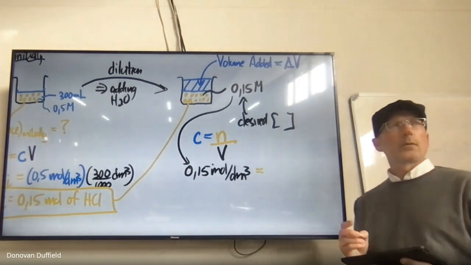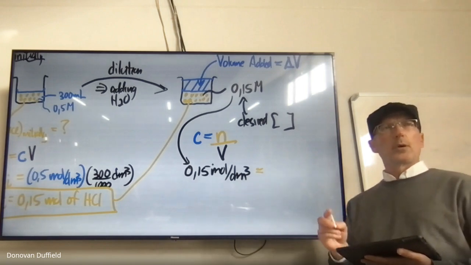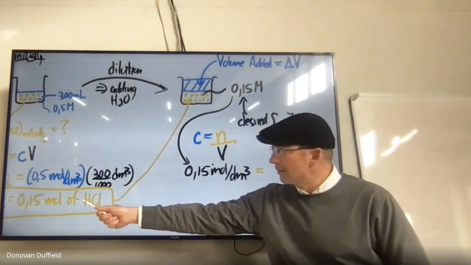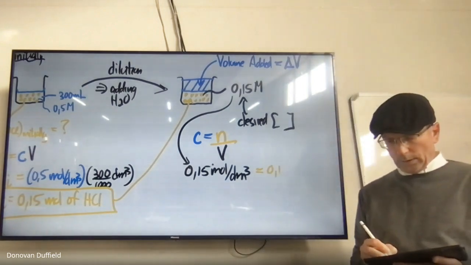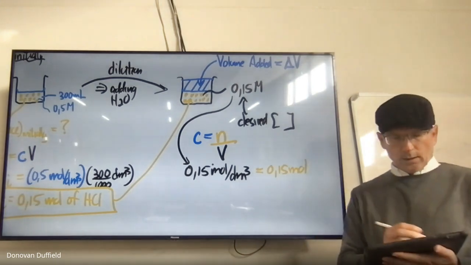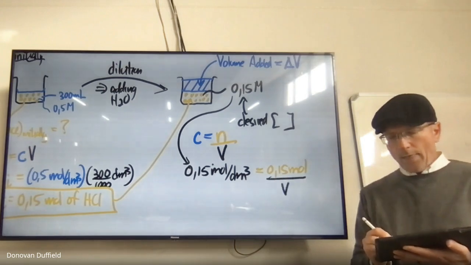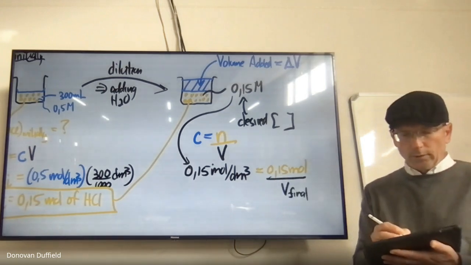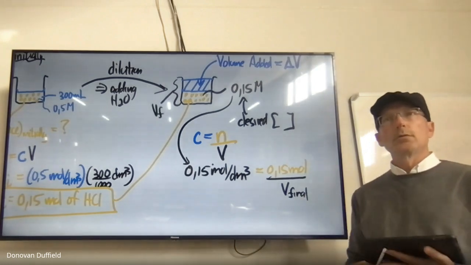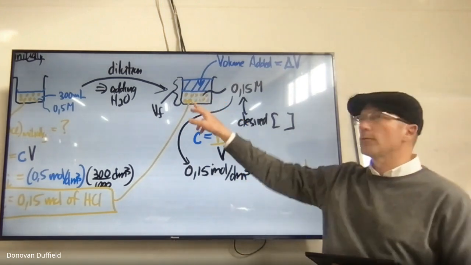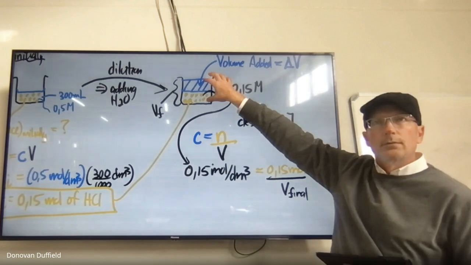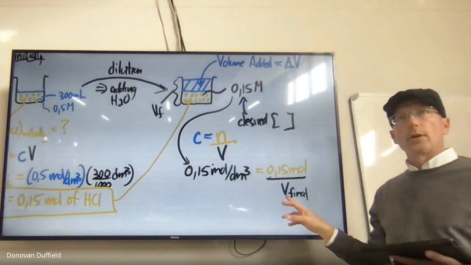Tell me, when you add water, do you change the number of moles of solute? It's still 0.15 mole of HCl over the final volume, because concentration is number of moles over volume of solution. So now we get to the final volume of the solution.